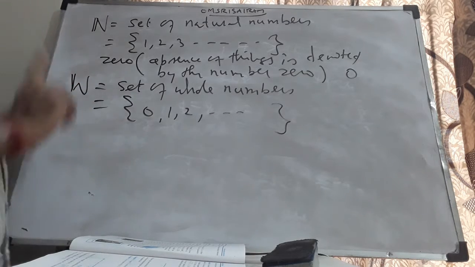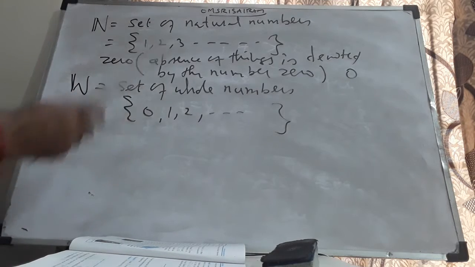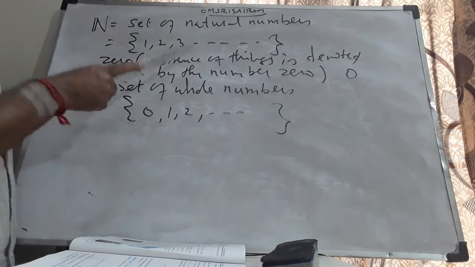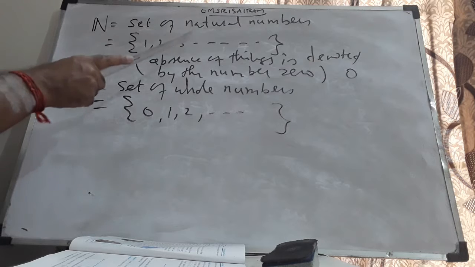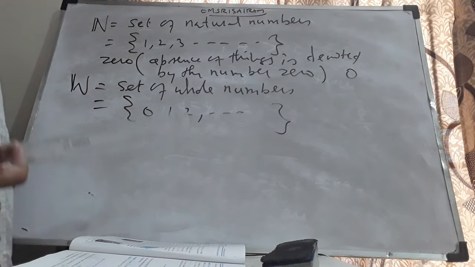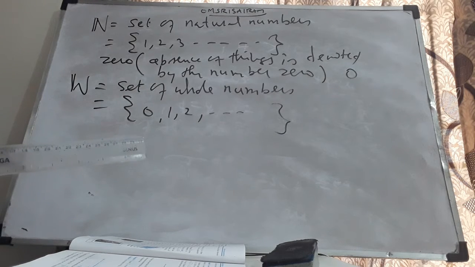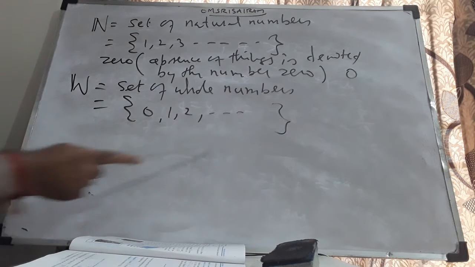If we add 2 natural numbers or 2 whole numbers, the result will definitely be a natural number or a whole number. But it is not so in the case of subtraction. If we subtract a bigger number from a smaller number, for example 4 minus 6, you will immediately reply, the answer is minus 2. But there is no provision to represent such numbers here.